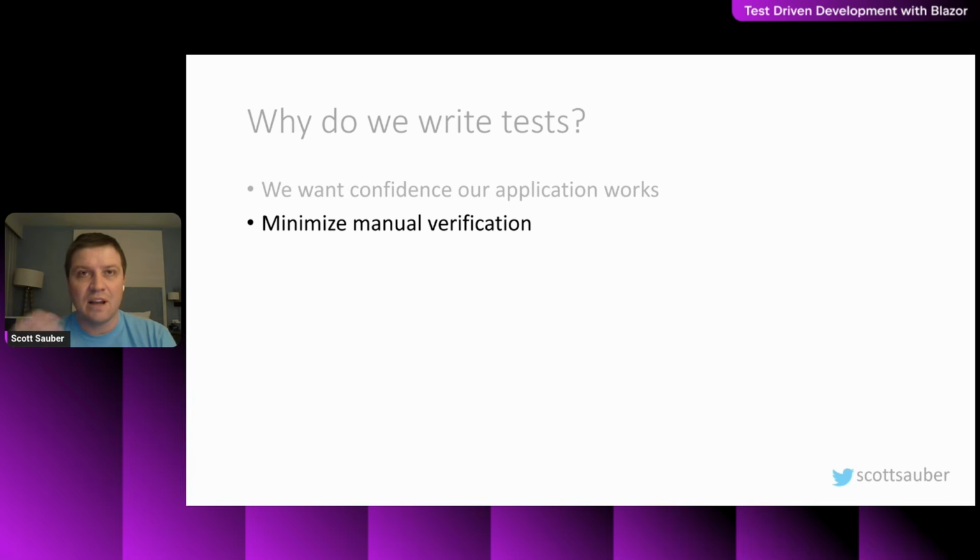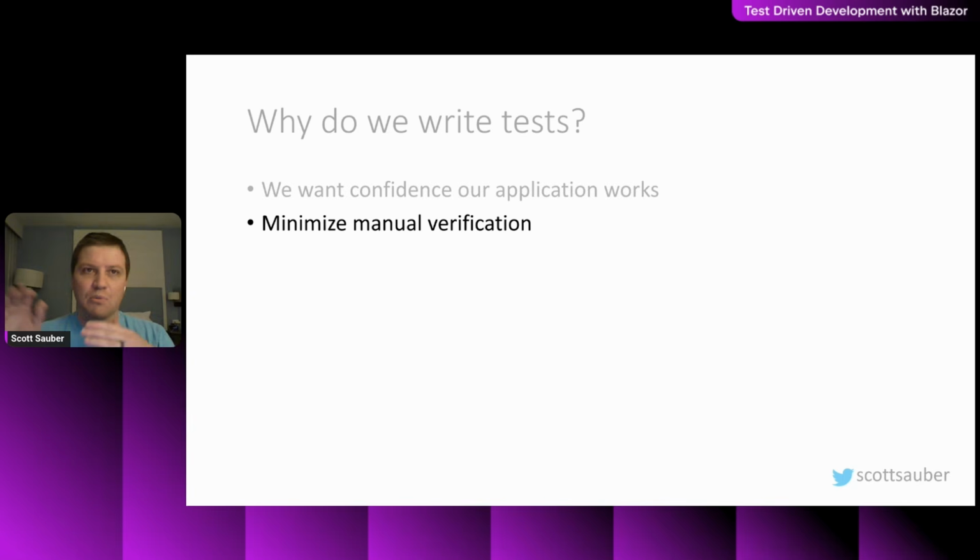So I'm guessing many of you out there have been on teams that have manual QA. I'm not really going to get into that today, but I will say if all you have is manual QA, what I see time and time again is as an application adds more and more features, the amount of things that a manual QA has to manually verify goes up and up and up.